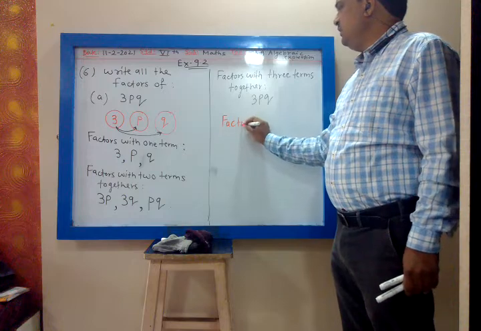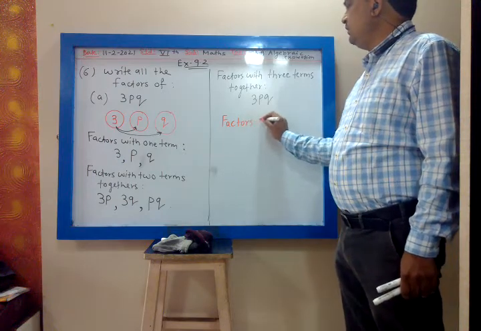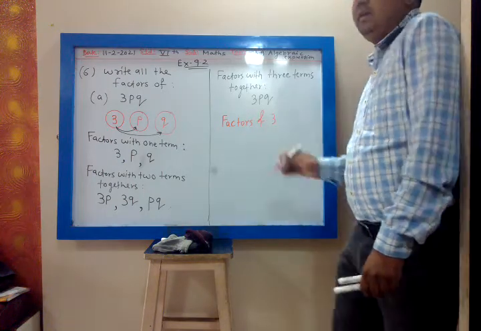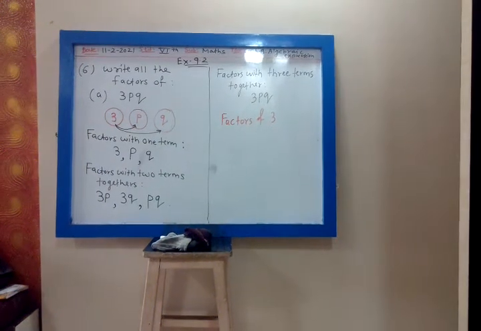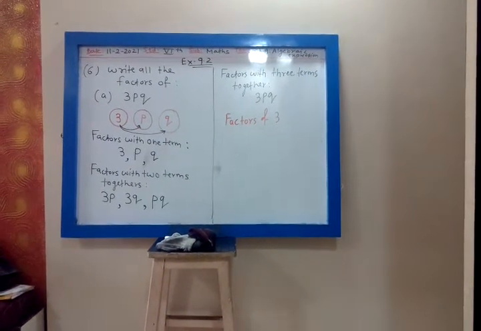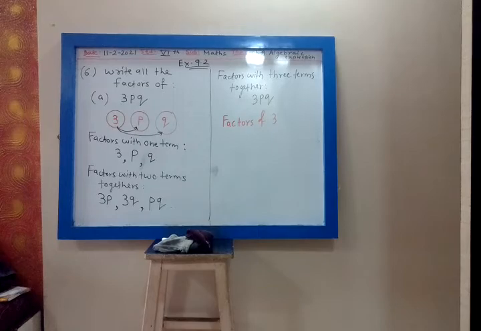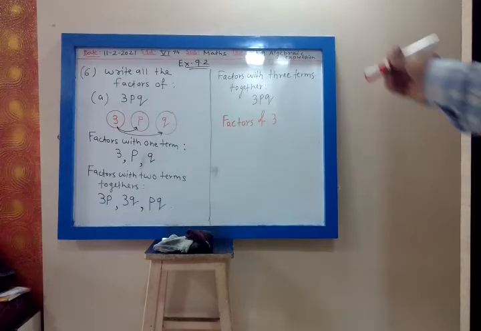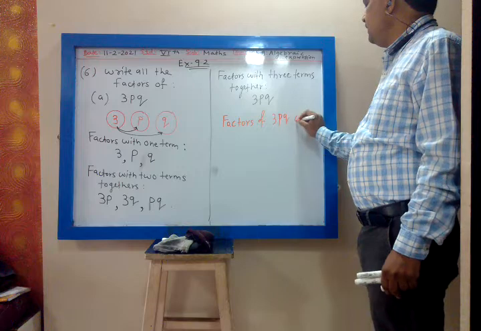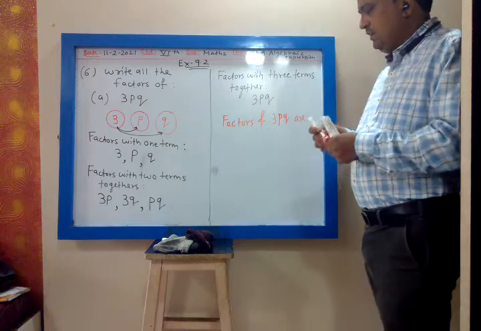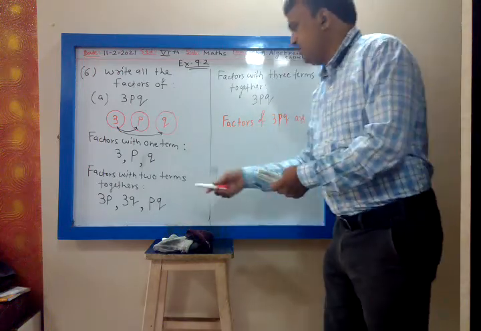So write factors of 3PQ. Now it is clear. Final factors of 3PQ are, now I will write all the factors together.